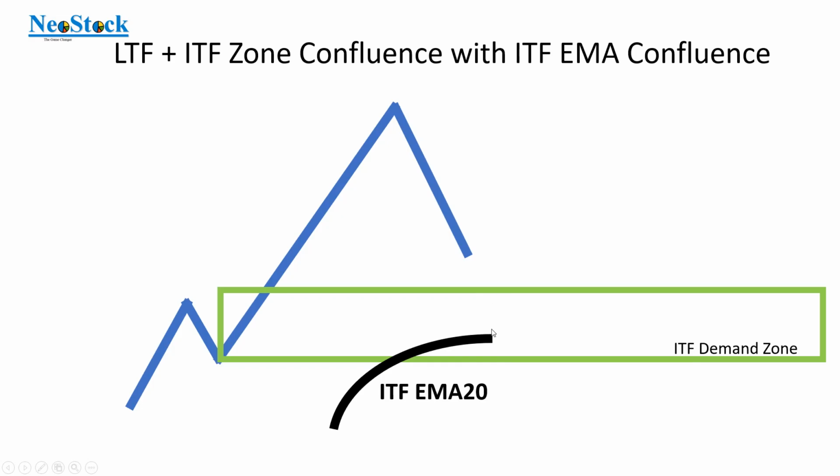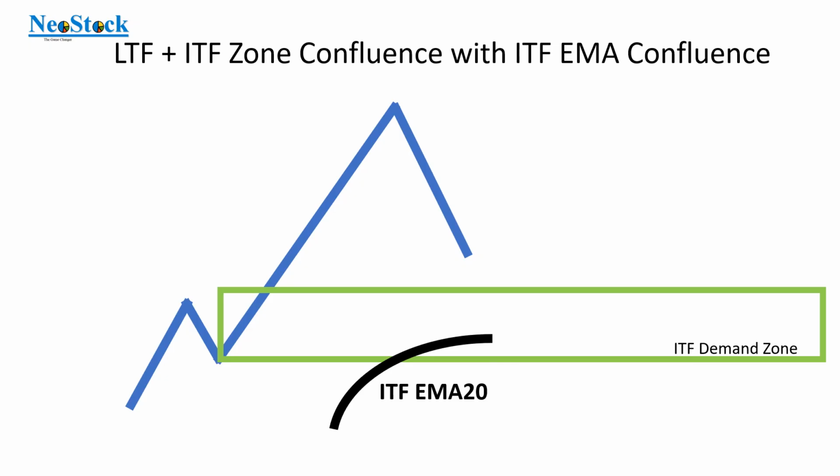It can be anywhere, or slightly before the distal line, or slightly above the proximal line for this demand zone. Slightly above or below you can also consider as EMA confluence. These concepts I already explained in detail in lesson 17, but I am revising them because some of you learned a long time back and might have forgotten some important points.